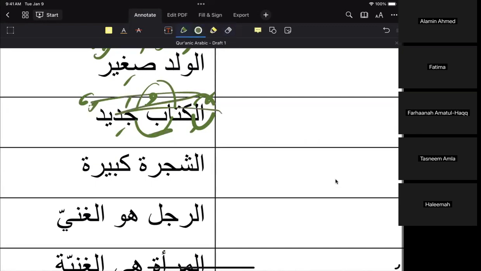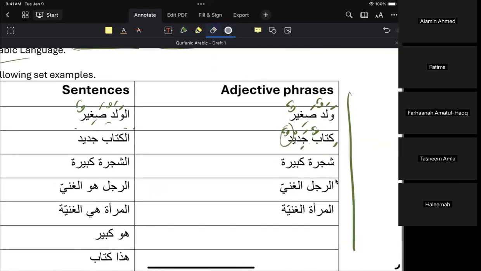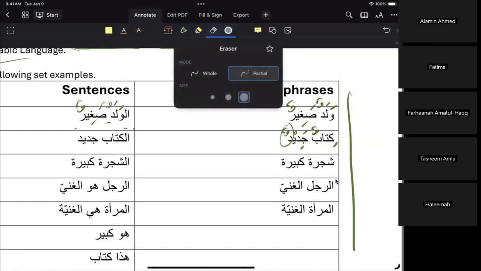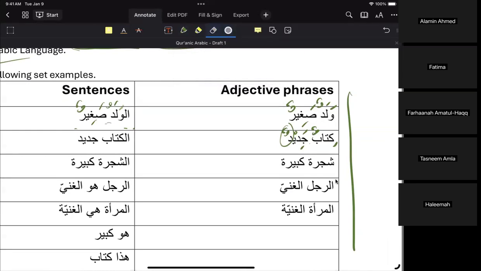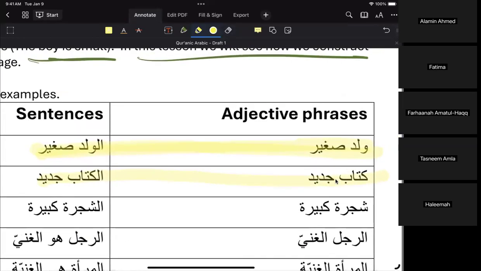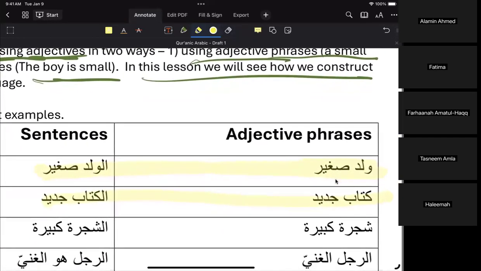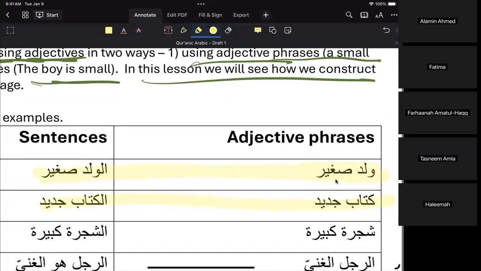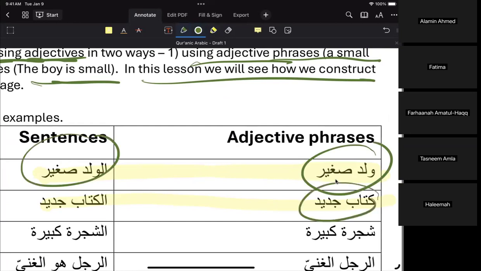Now, I want you to look at these two different columns side by side and compare them. See if you can spot the difference. What are the differences between waladun saghirun and al-waladu saghiru, kitabun jadidun and al-kitabu jadidun? Looks like almost the same.